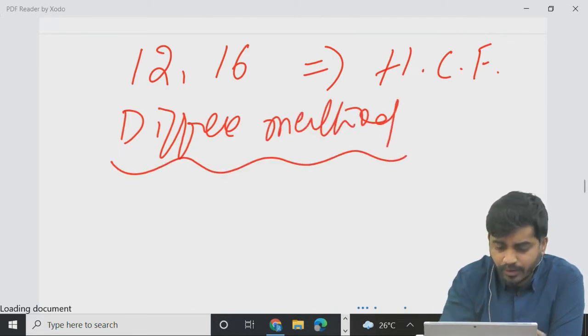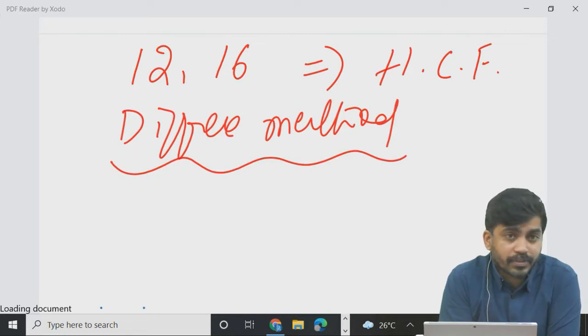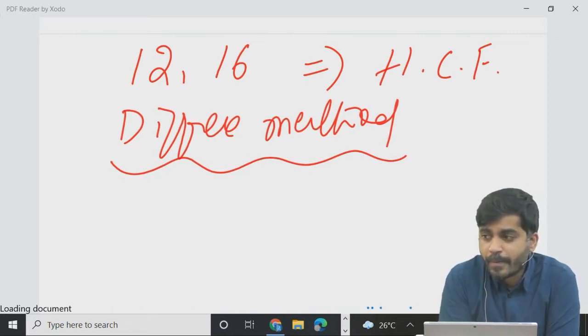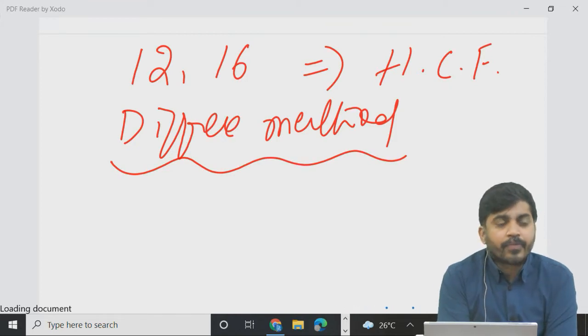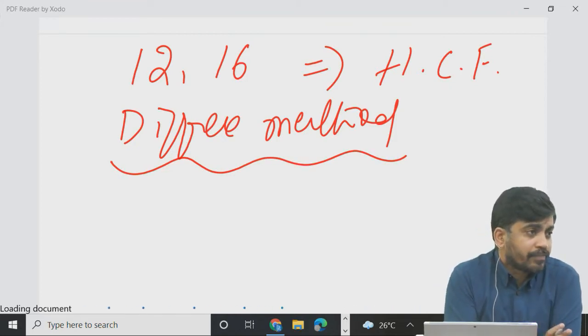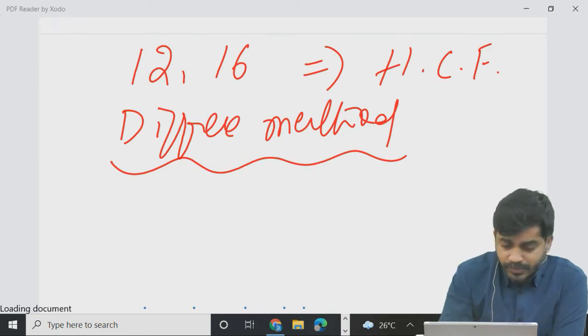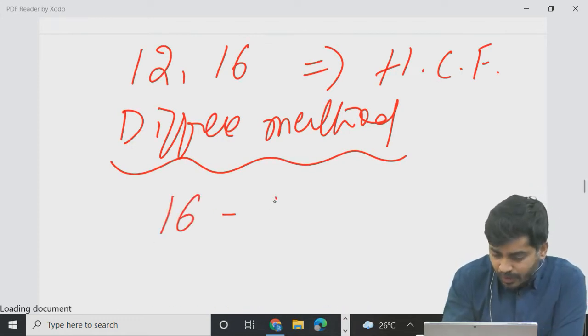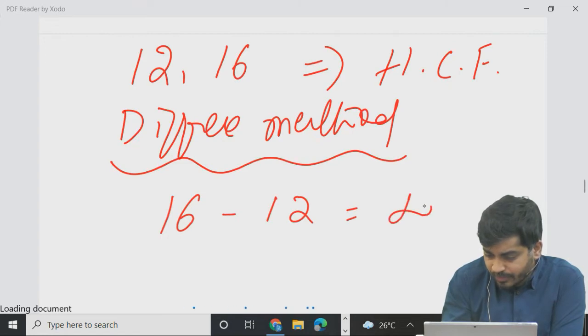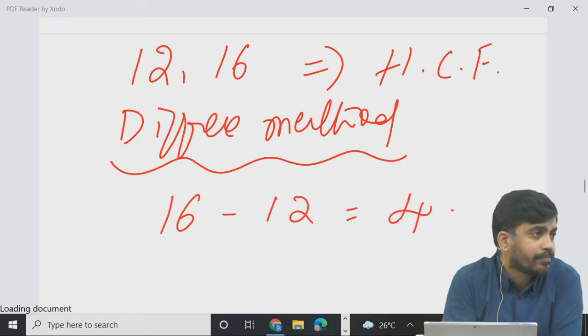Put a heading, difference method. Whenever two numbers are given, simply take the difference between those two numbers, 16 and 12. What is the difference? The difference is 4.